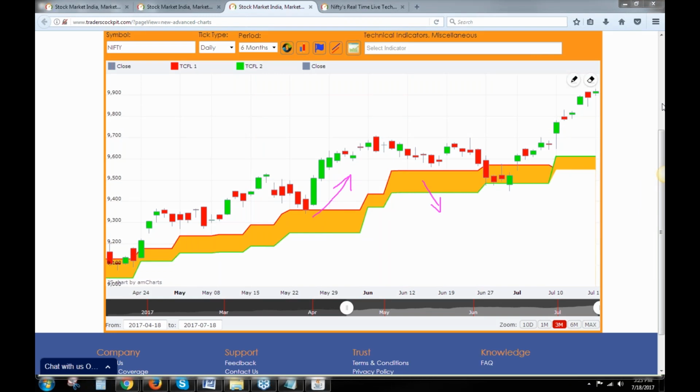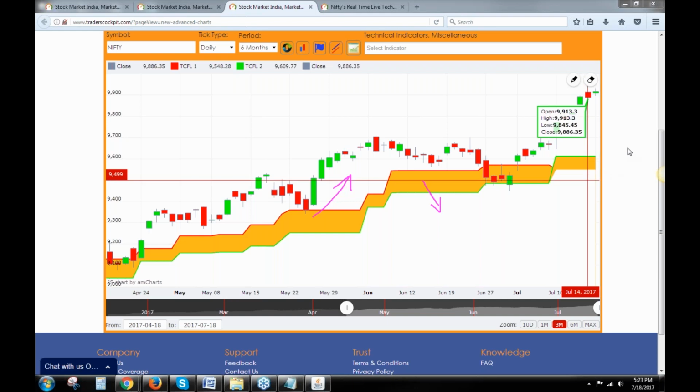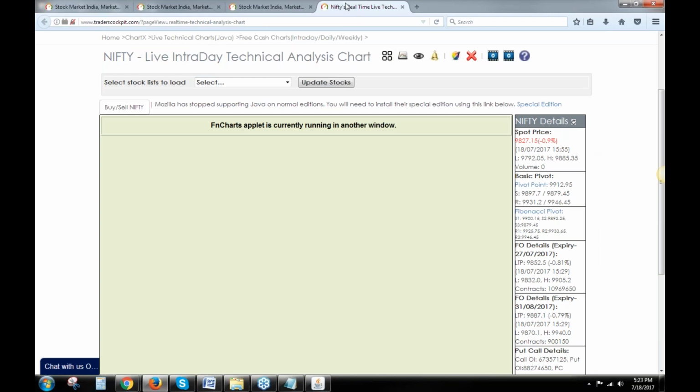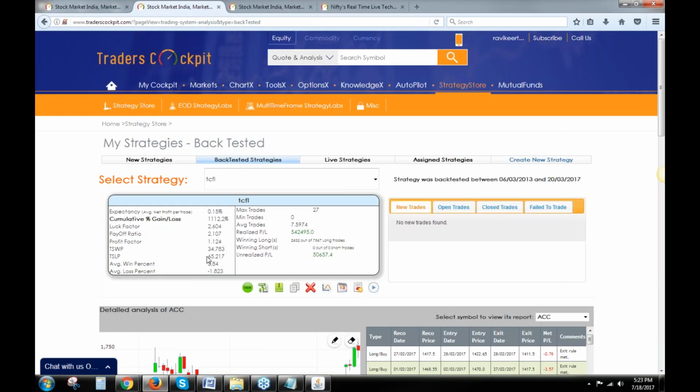Since this is a prop indicator, exact parameters for the same can't be disclosed, but yes, if you want to check out the accuracy, that is where we had backtested this TCFL indicator once. And here I can share the results with you.